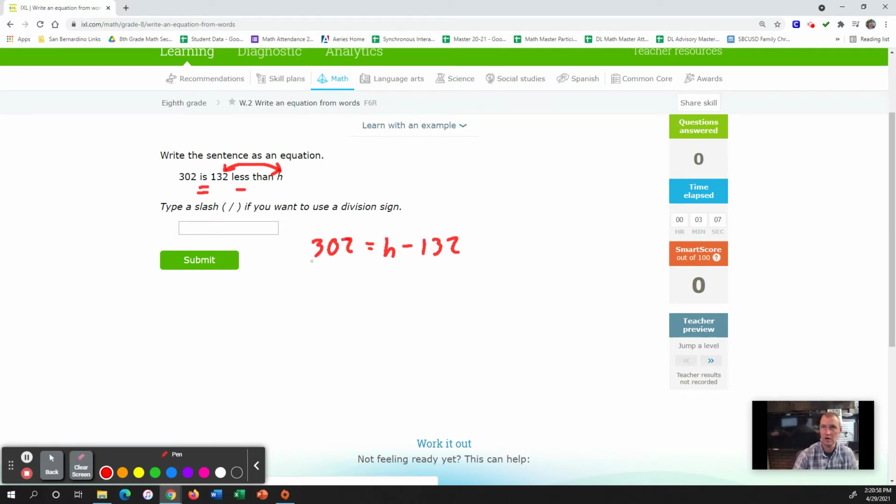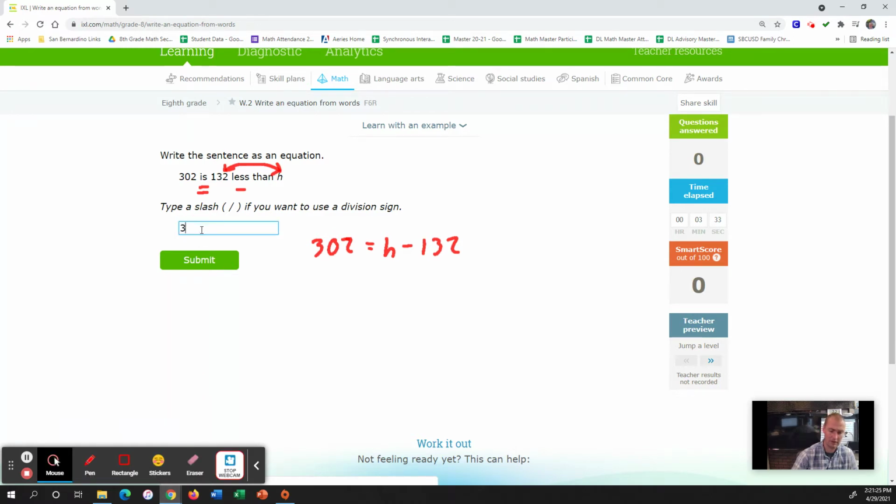So here we go. 302 is H subtract 132. And because H is being subtracted with 132, the H has to go first because it's 132 less than. So that means subtract 132 from H. That's the only thing that's going to be tricky about this IXL. So if you see the words less than, it's going to be a switcheroo.